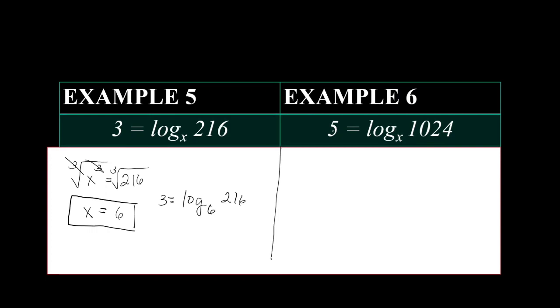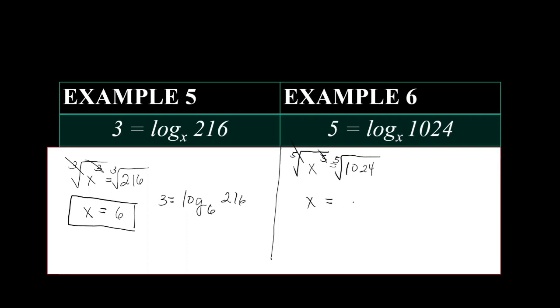Okay? Next example is this one. The logarithm of 1024 base x is equal to 5. So here we have x raised to 5 is equal to 1024. So we can get already the fifth root of both sides. Same, then the remaining is x is equal to the fifth root of 1024.